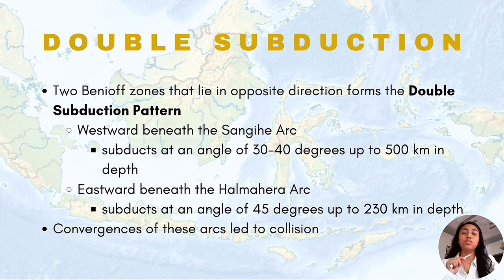In the case of the Molucca Sea Plate, it subducts westward beneath the Sangihe Arc at an angle of about 30 to 40 degrees and reaches depths up to 500 kilometers, and eastward beneath the Halmahera Arc at an angle of about 45 degrees, reaching depths up to 230 kilometers. So, this intense convergence has led to the arc-arc collision, giving rise to the collision complex made of highly deformed materials.